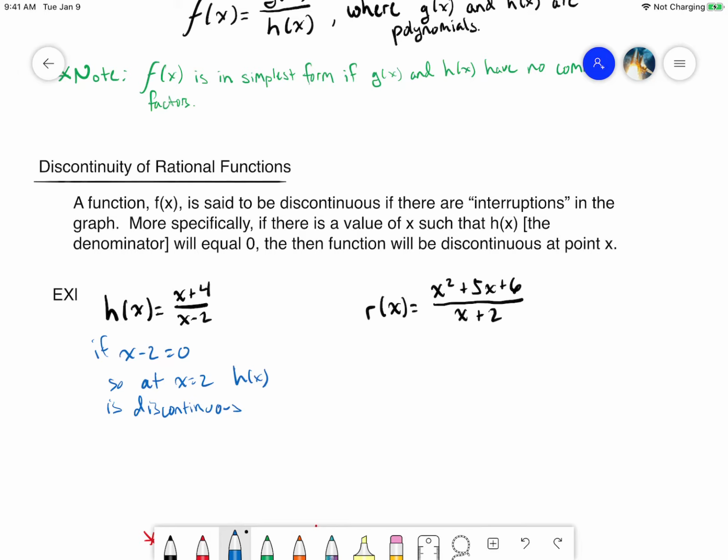Looking over at r of x, same kind of idea. If x plus 2 is equal to 0, then at x equals negative 2, r of x is discontinuous.